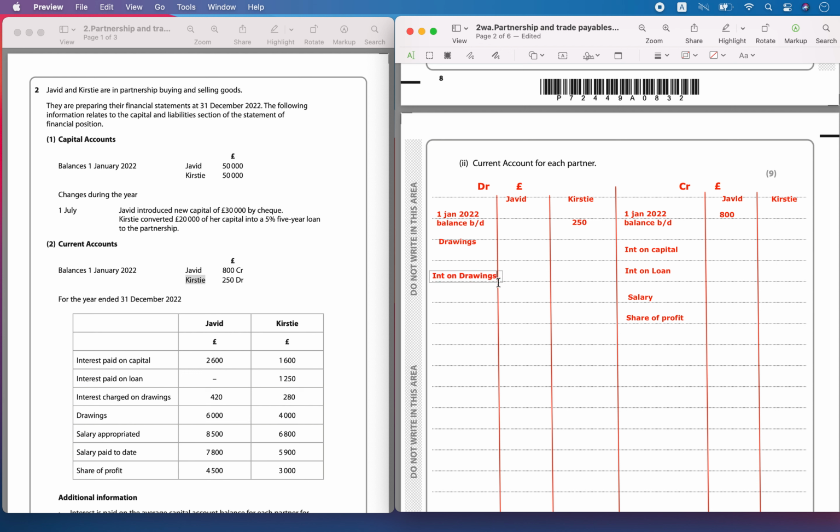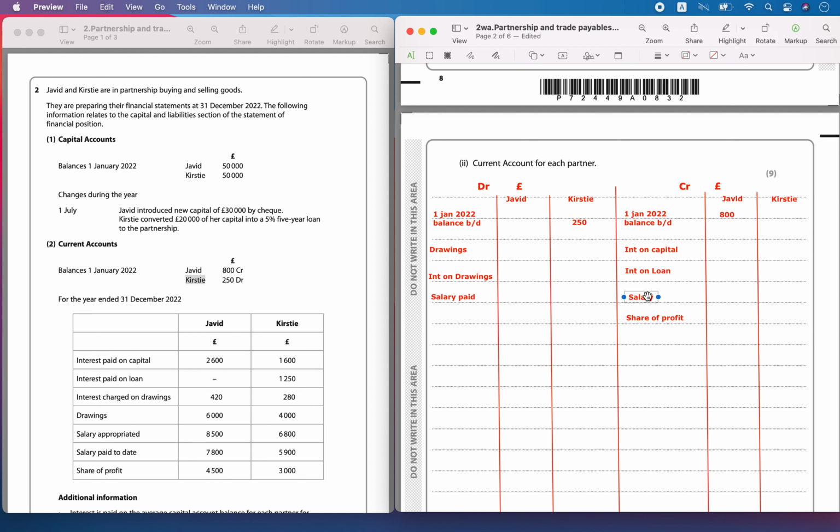The interest is charged to the partner for the drawings. And then you will have to remove the actual salary paid this year. This is the salary that was supposed to be given by the business, and what is the actual paid.